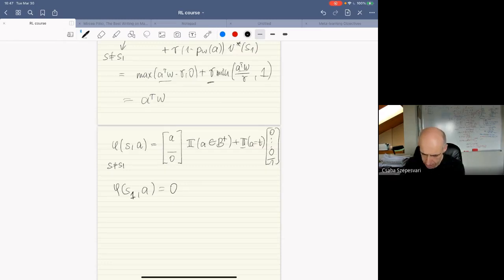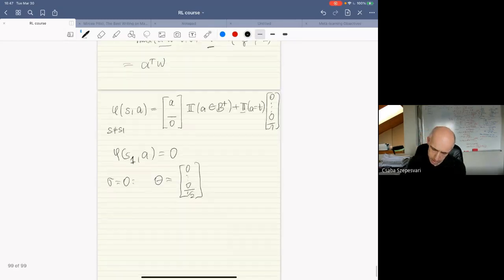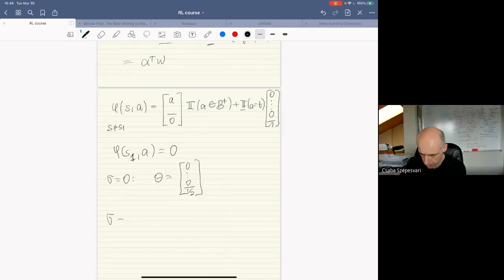Because then what happens is that, for the sigma equals 0 case, you can just choose as the parameter vector that gives you Q star just a big fat 0 everywhere up to the last 1/2. And for sigma equals 1, the theta should be just W and 1/2.